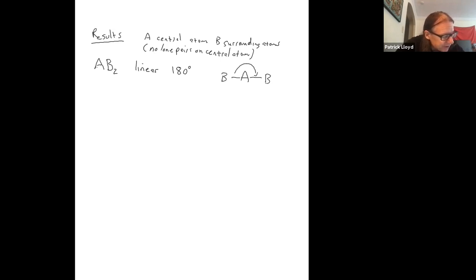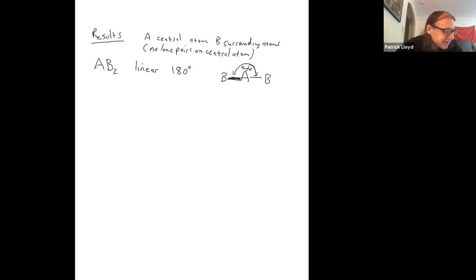The angle we're talking about is the angle between one bond from the central atom to a surrounding atom, and you sweep out an angle over to the next closest surrounding atom.